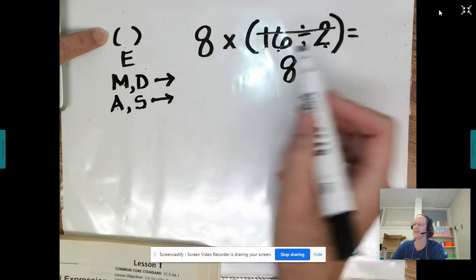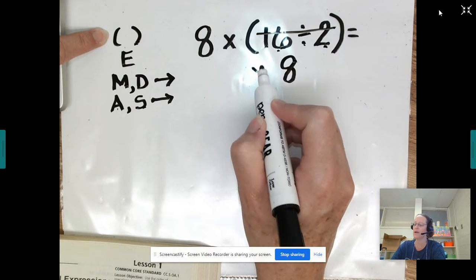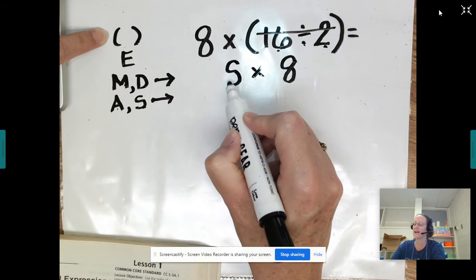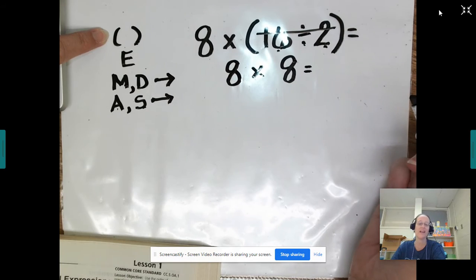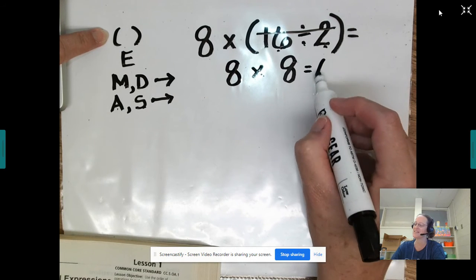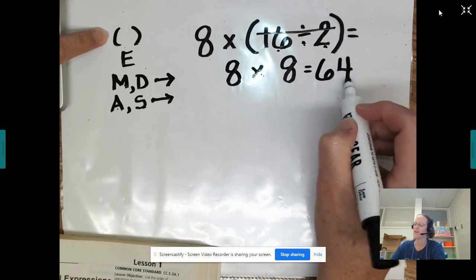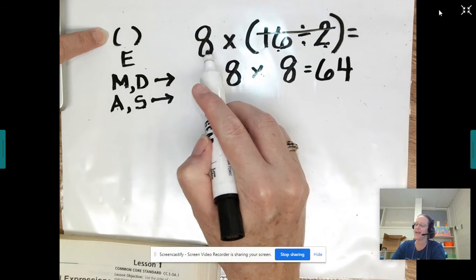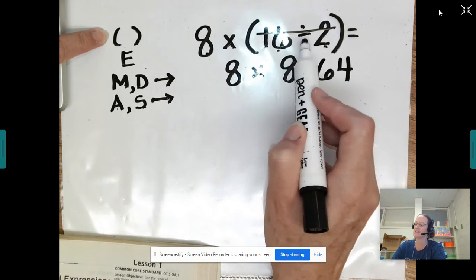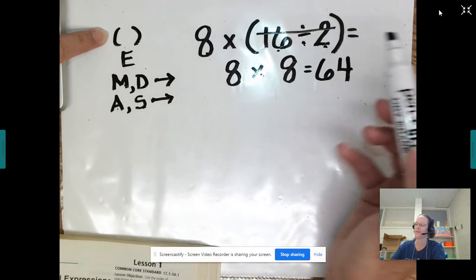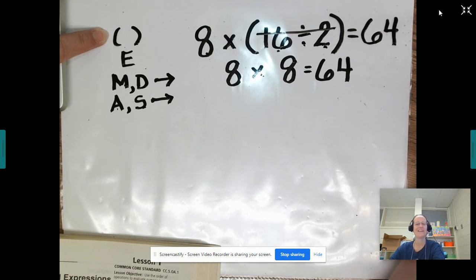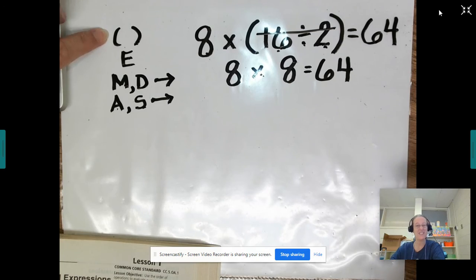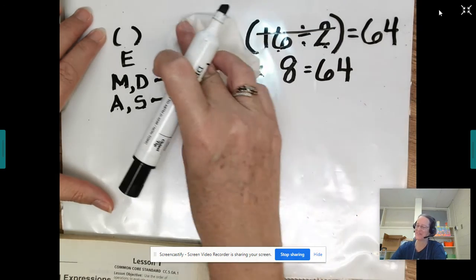Bring everything else down exactly the way it was. And our new expression is 8 times 8. And we know that 8 times 8 is 64. So 8 times 16 divided by 2 is 64. That's pretty easy, isn't it?